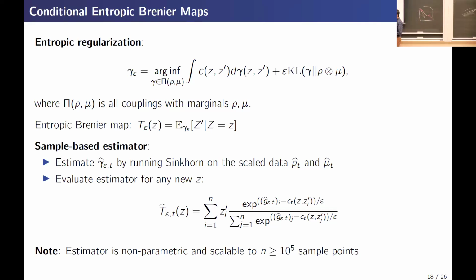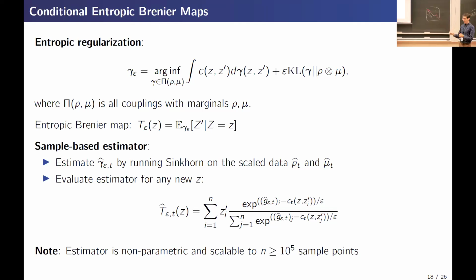And really the thing I want to focus on here is this map is a function which one can actually extend, given some training data that we use to estimate these plans via a Sinkhorn method.